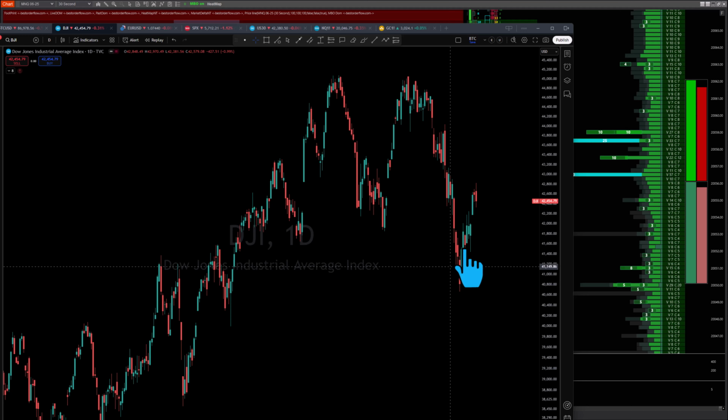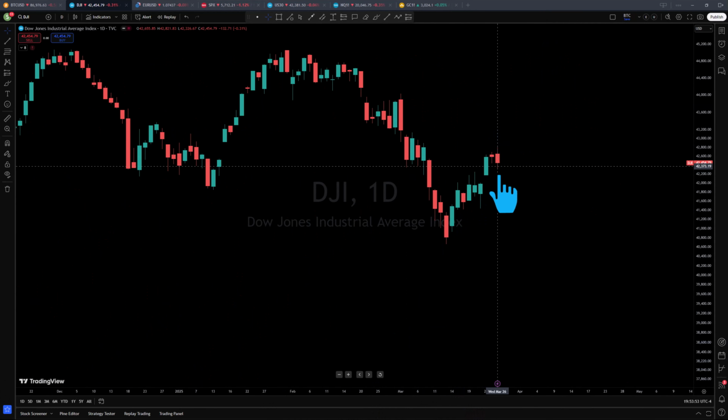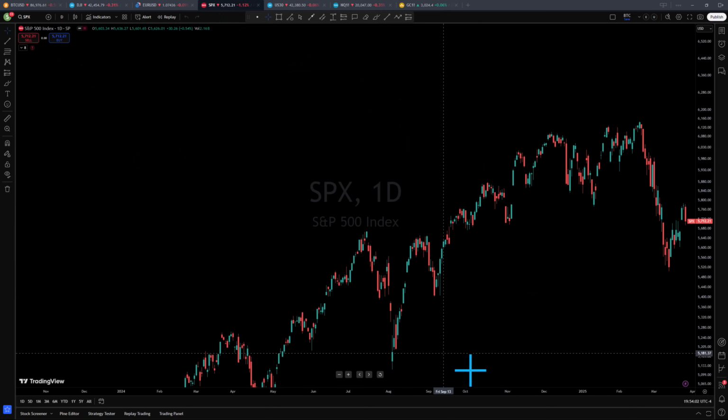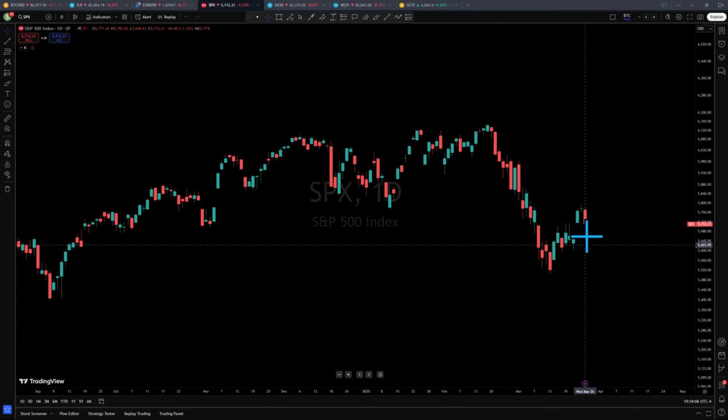Sorry, Dow Jones is a red candle. It's daily candles, right? This red candle, the last 2 days we were in red, right? Let's say SPX, it should be daily candles as well. So yesterday we were in red.